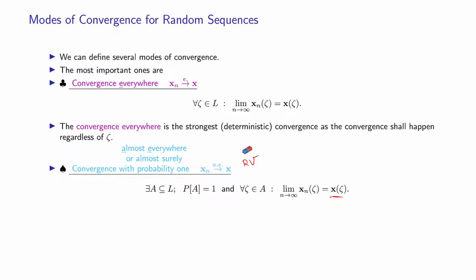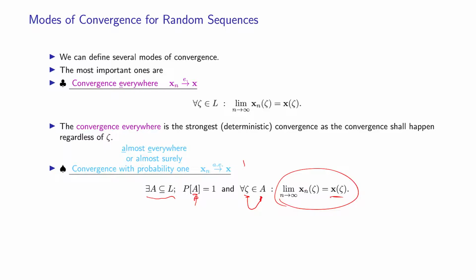We say a random sequence converges to X if there exists a subset A of all your possible outcomes such that the probability of this event A is equal to 1. That means the probability of outside of A is 0. And for all possible outcomes inside A, you have this convergence.